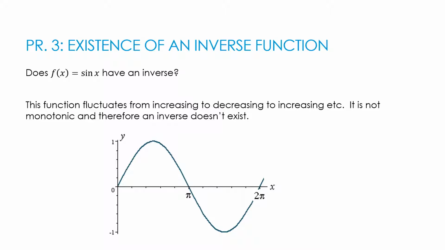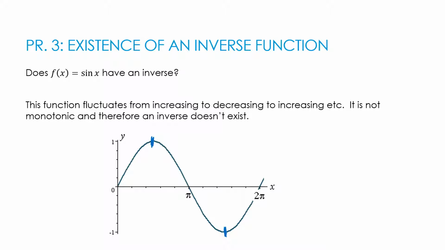So hopefully you remember at this point in your life what a sine wave looks like. And a sine wave oscillates from -1 to +1 and therefore is not monotonic, not strictly increasing or decreasing over its entire domain. Now the only way that we're going to be able to get around this, and I have a whole video on this in several sections from now, is if I give you a restricted domain.